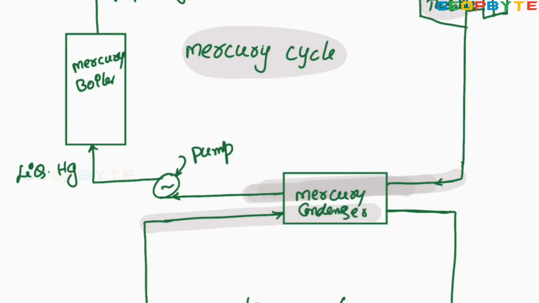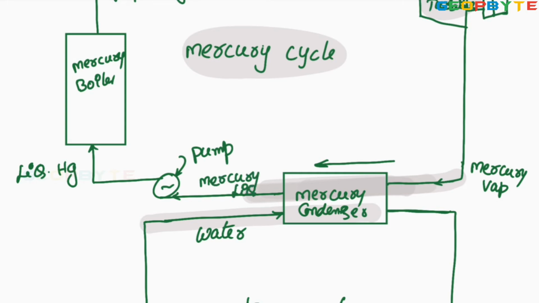That means for this mercury condenser, water is entering from one side and mercury vapor is entering from the other side. The mercury vapor is becoming mercury liquid. Whatever heat is rejected by mercury will be taken by the water.